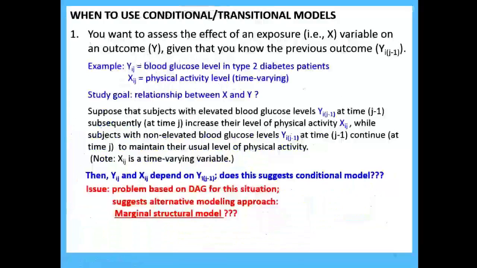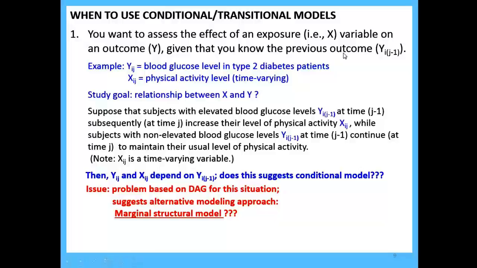Now here's the last thing I want to show you, which introduces a whole complication. Suppose you want to assess the effect of an exposure, your X variable, on an outcome Y, given that you know the previous outcome.